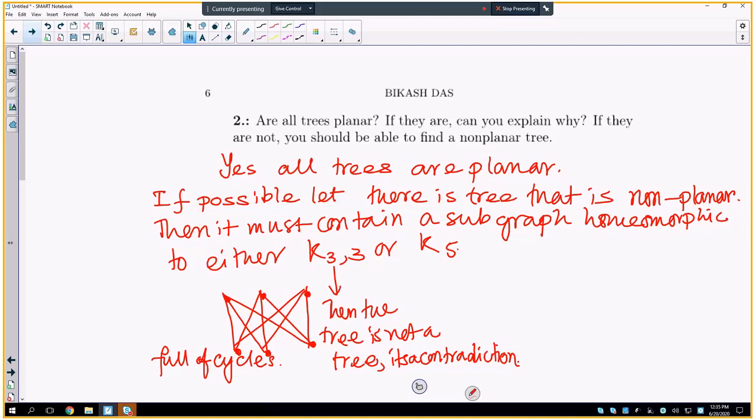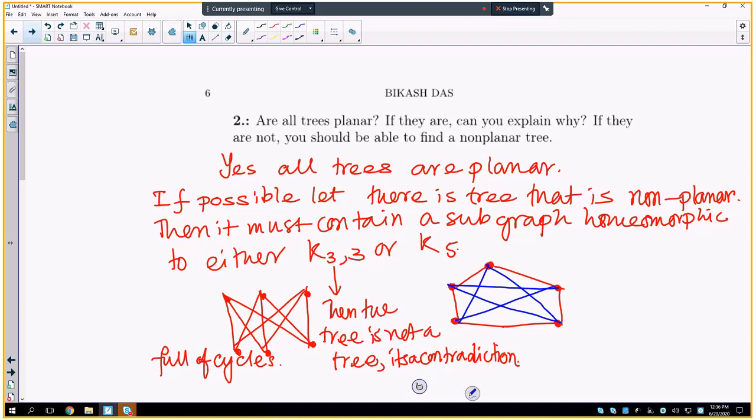How about K5? K5 is the complete graph with 5 vertices. So these are my 5 vertices, and I'm not done yet because this is just a cycle. I already have a cycle, but I have even worse. I have every vertex connected with every other vertex. And think about how many cycles you would find in this situation. So it is impossible to have K5 as a subgraph and also be a tree.